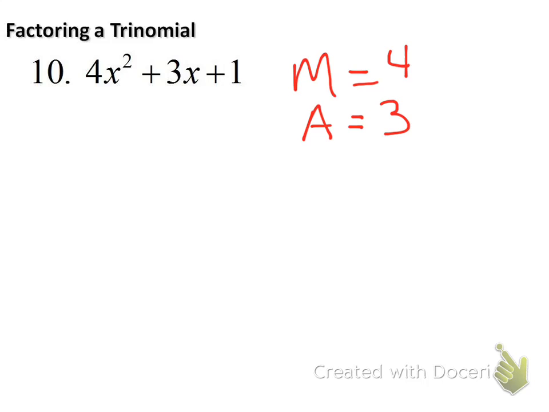Well, 3 times 1 is 3. 4 times 1 is 4, but 4 plus 1 is 5. If you made them both negative, negative 4 plus negative 1 is negative 5. The only other way to get 4 would be 2 and 2, but that would add to 4. Can I do it? What do you guys think?